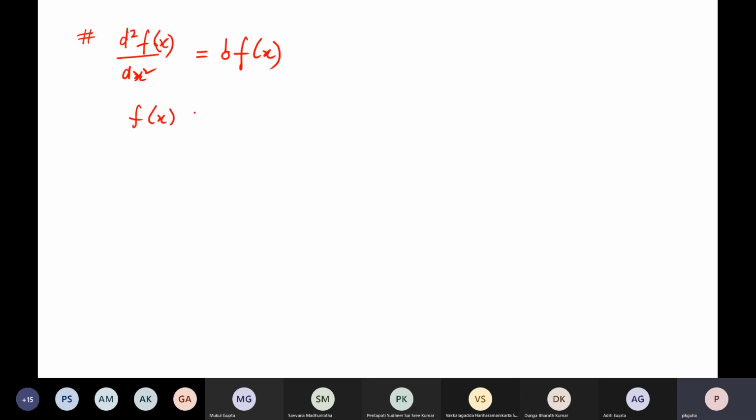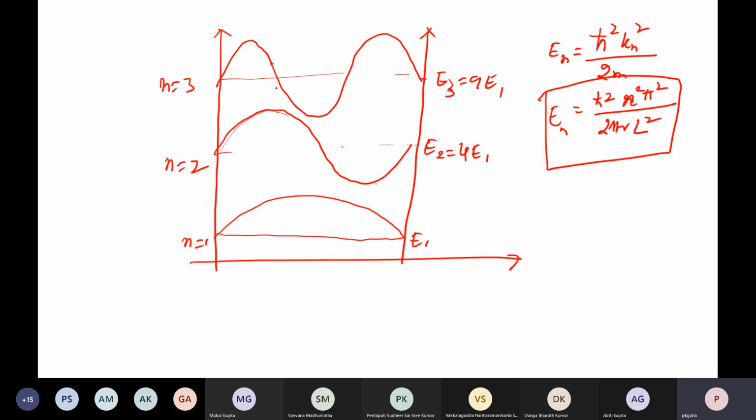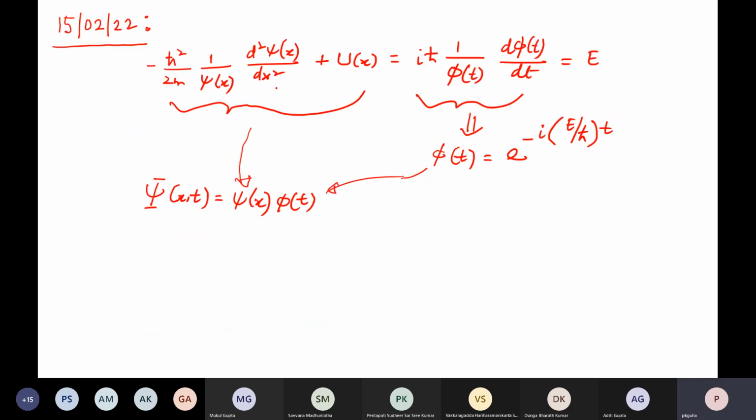Then the solution f(x) will be a sin kx plus b cos kx, you remember the solution we discussed in the first example, right? That was like k square.